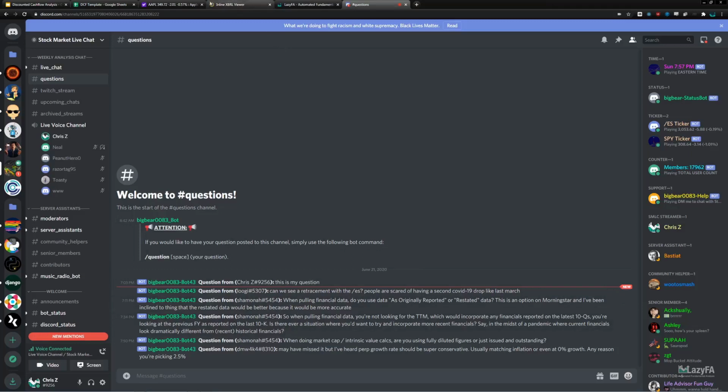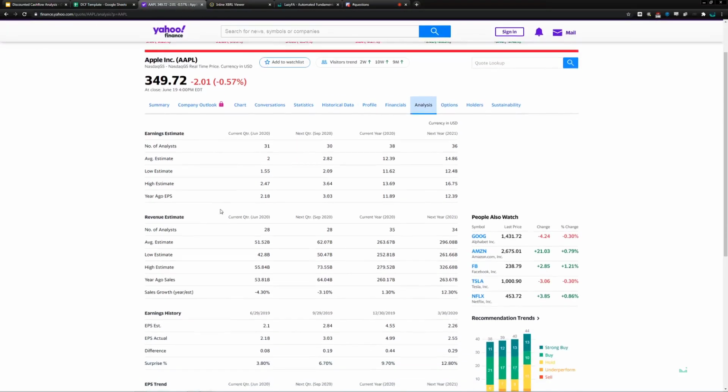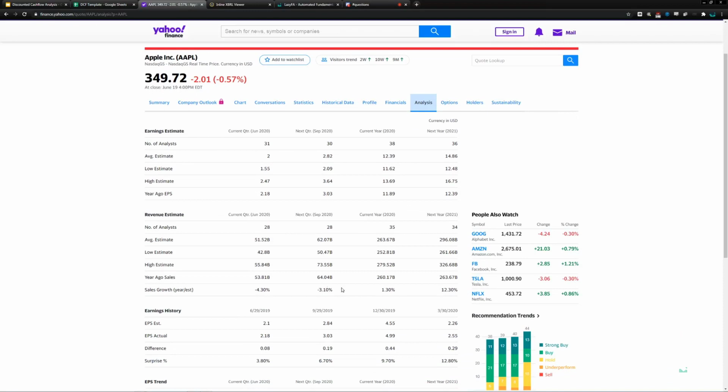This might be a good one. So, in order to do that, what you might try to do is look at what analysts are projecting for the current and next quarter, because this would give you an idea of what their total 2020 yearly estimate will end up being. But does it really matter?